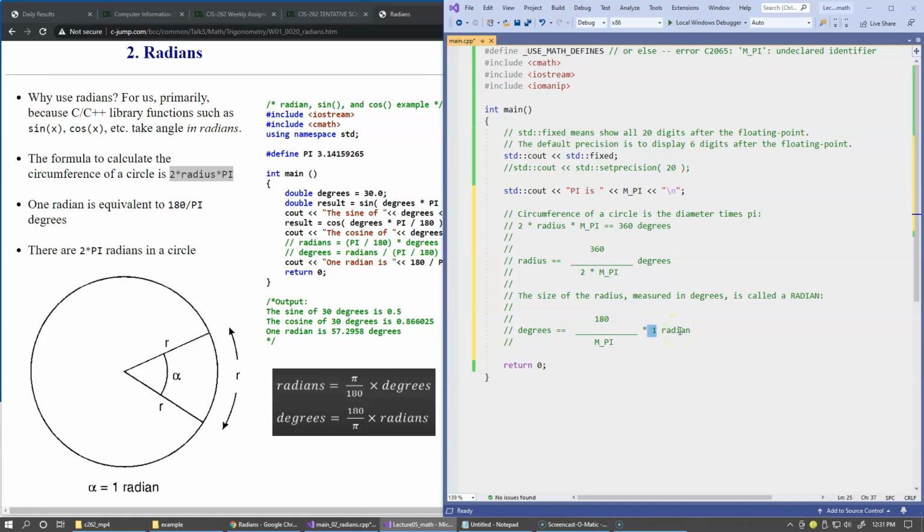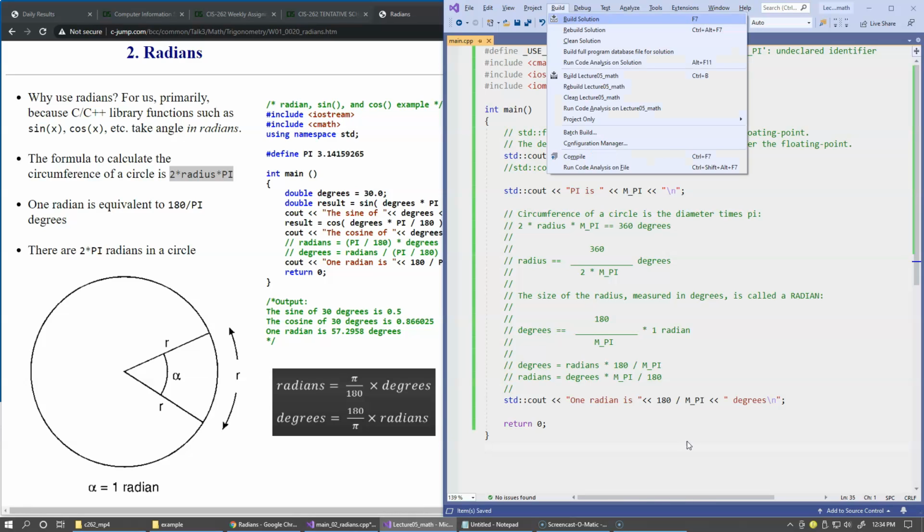So now we have the relationship between the degrees and 1 radian. And then from here we can derive our formulas, which is basically conversion between the degrees and radians. For example, we could write that 1 radian is this many degrees. So okay, I'll now save this and run this code.